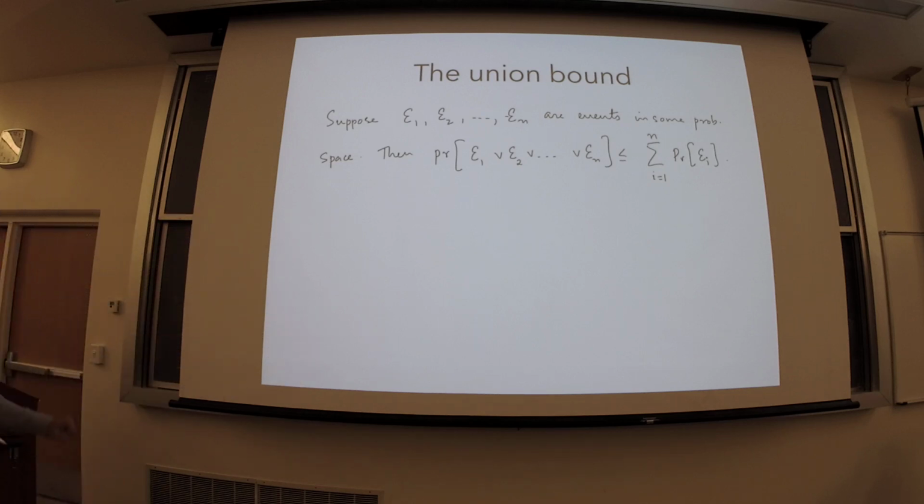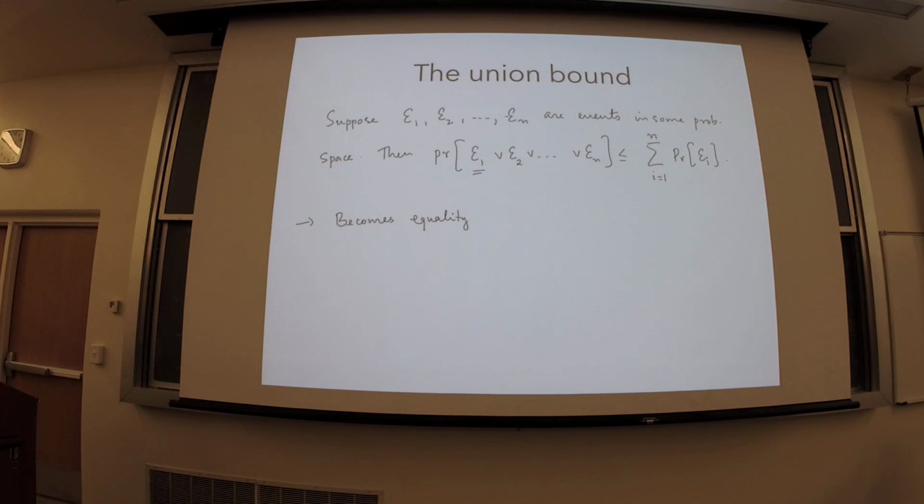This bound is tight when it becomes equality. When do you think this becomes equality? Not independent, but if they are disjoint.